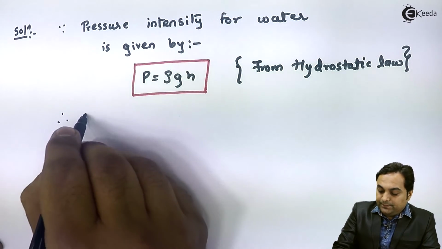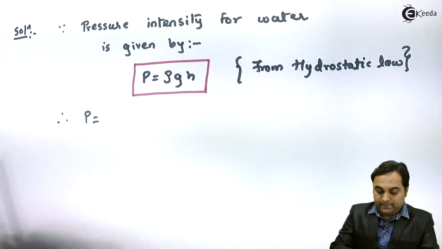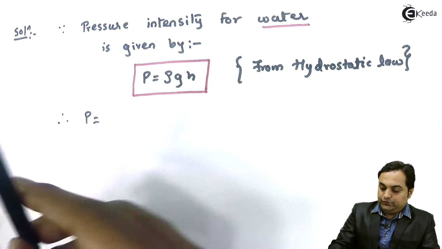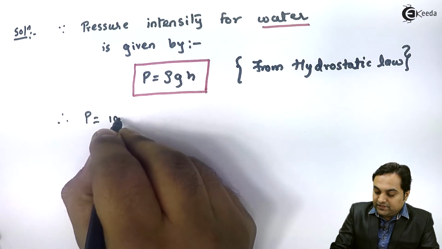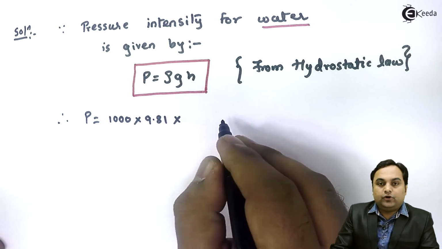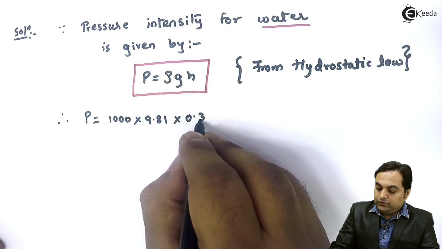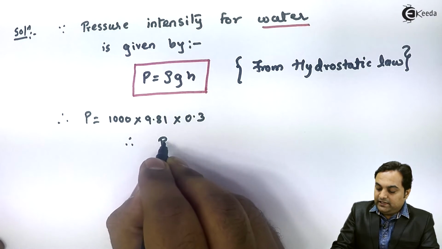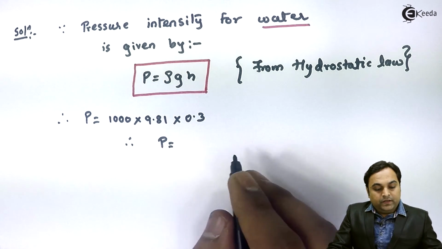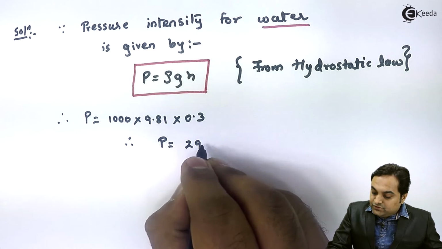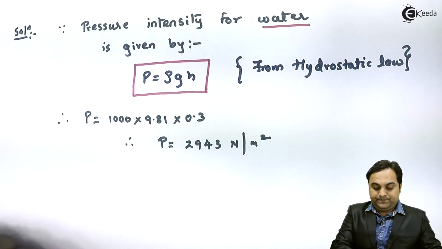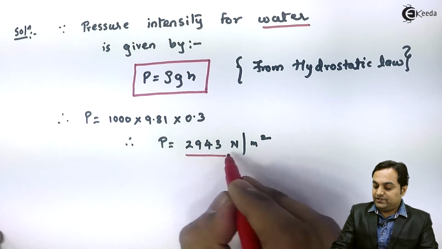Therefore I'll say here P is equal to, since we are finding the pressure intensity for the first fluid, that is water, so density of water is given as 1000, G is 9.81, and the height of the column is 0.3. So from this, if I calculate, I'll get the answer of pressure intensity, and my first answer is 2943 Newton per meter square. That's my first answer.